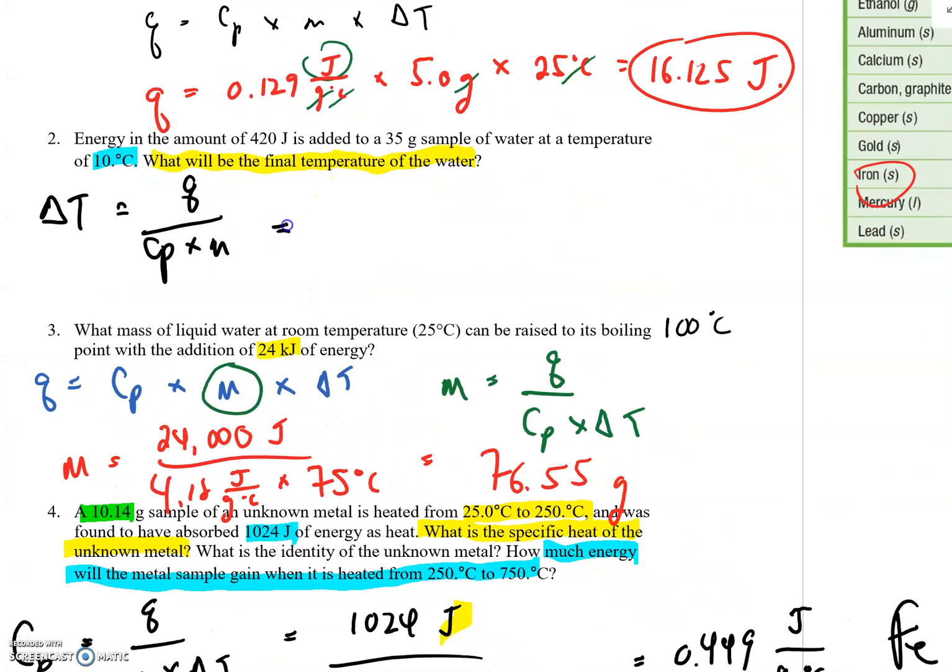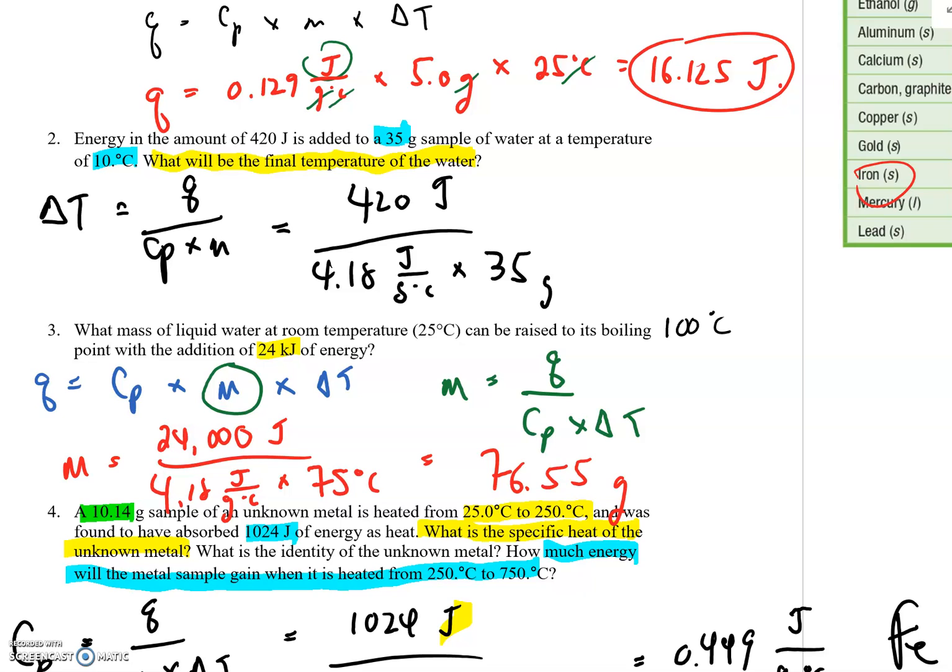So it says 420 joules. We also have a specific heat, 4.18 joules per gram degree Celsius. And the mass, 35 grams, getting that right here.